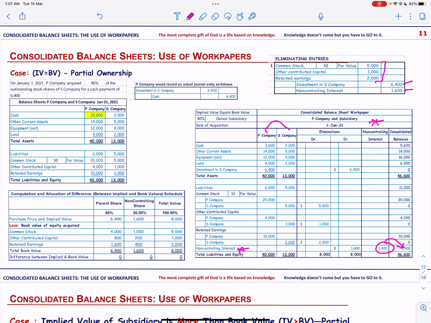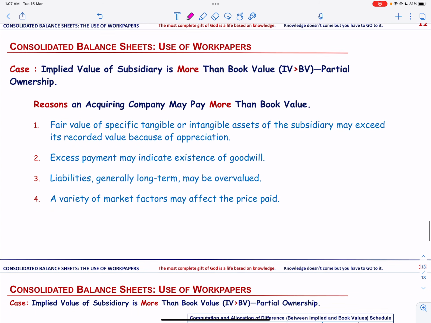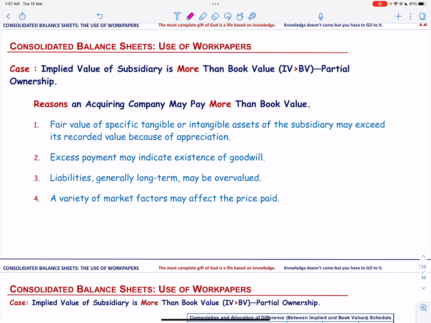In the next case, we will illustrate the situation where the purchase price is higher than the book value of equity. Why an acquiring company may pay more than the book value is explained in the next slide. The reasons may be that the fair value of specific tangible or intangible assets of the subsidiary may exceed its recorded value because of appreciation.